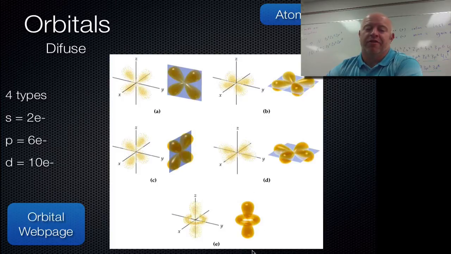By far the coolest one. Within the D orbital, because we have 1, 2, 3, 4, 5 different orientations, or 5 different orbitals within this shape, we get a total of 10 electrons that the D orbital can hold.